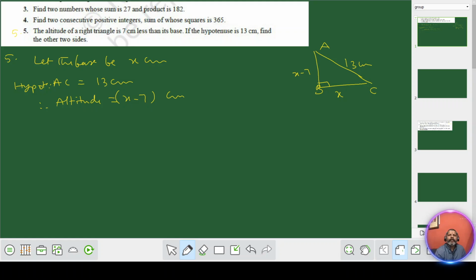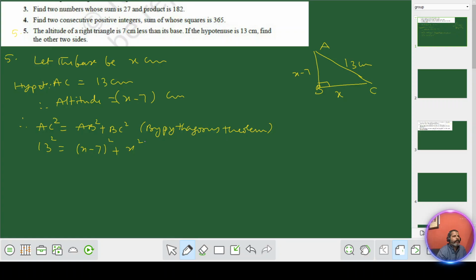It's simple, just apply Pythagoras theorem and get the value of x so that we can find the other two sides. Therefore, AC square is equal to AB square plus BC square by Pythagoras theorem. Substitute the values. 13 square is equal to AB square, which is x minus 7 whole square.